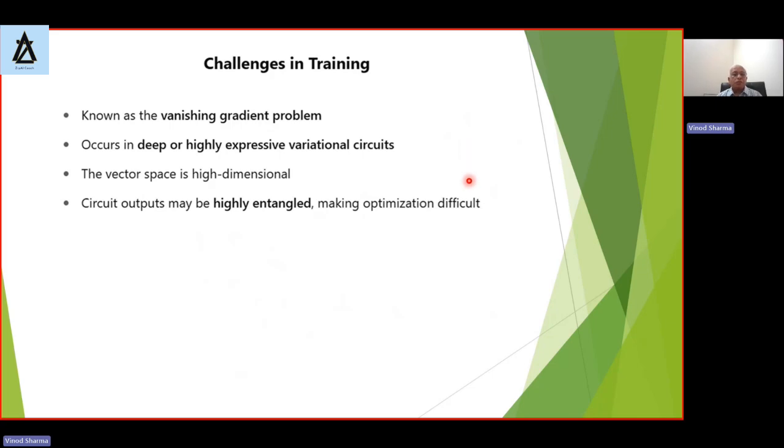The vector space can be very high, and these quantum circuits that we have may have outputs which can be highly entangled. Because of all these reasons, we can get into the vanishing gradient problem and other optimization issues can arise. So these are the problems that one faces in training variational quantum circuits.